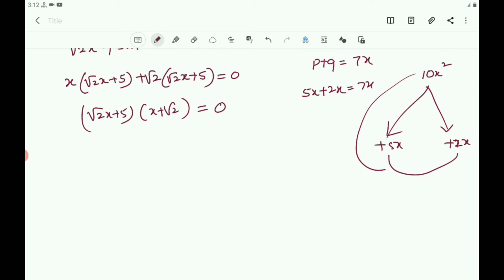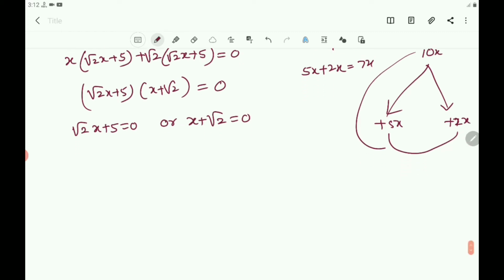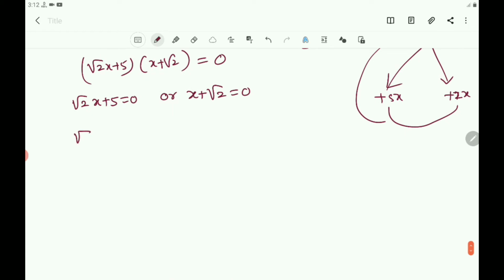By equating each factor to 0, you will get two linear equations, that is root 2 x plus 5 equals 0 or x plus root 2 equals 0. Then you write root 2 x equals 0 minus 5 is minus 5, or x equals 0 minus root 2 is minus root 2.